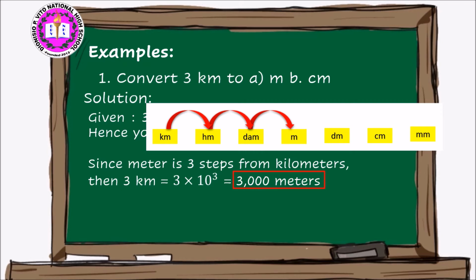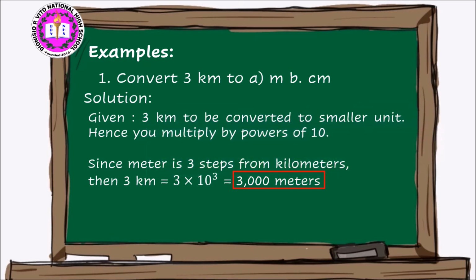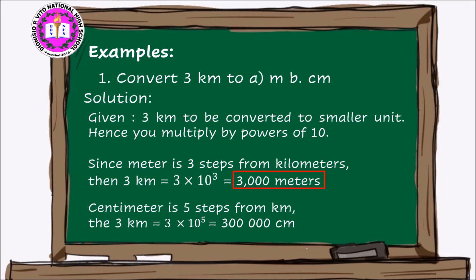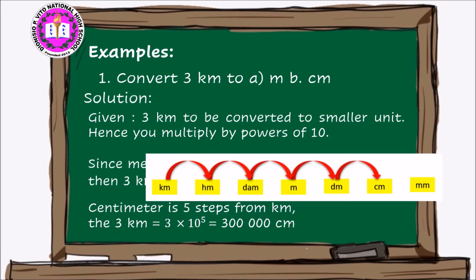And if we are going to convert 3 kilometers to centimeters, centimeter is 5 steps from kilometer, as you can see on the figure. So 3 kilometers is equal to 3 times 10 raised to 5, which is equal to 300,000 centimeters. Therefore, 3 kilometers is equal to 300,000 centimeters.